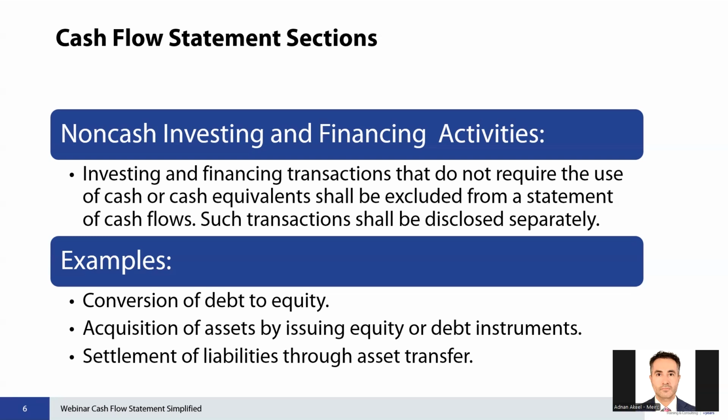So we reach a settlement with this lender or this supplier that we are going to settle this liability by giving them an asset. All of these are examples of non-cash investing and financing activities. If they happen in the firm and are material enough, they have to be disclosed in the notes of the financial statements.